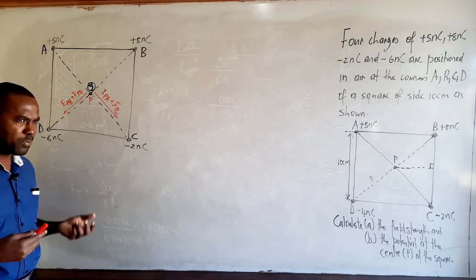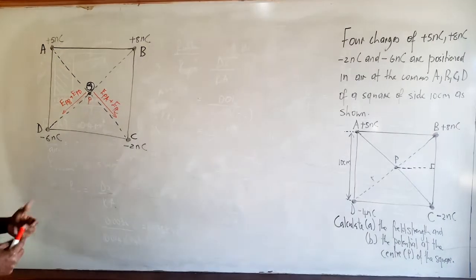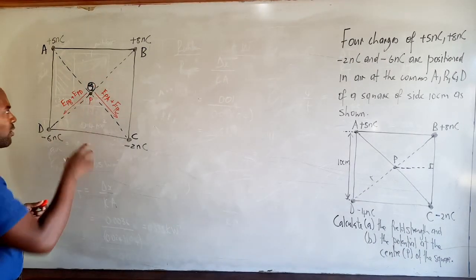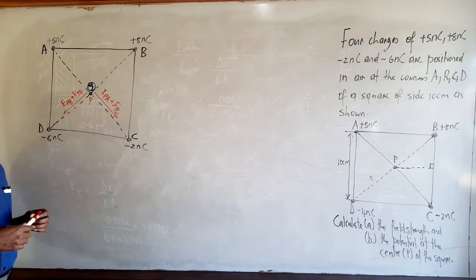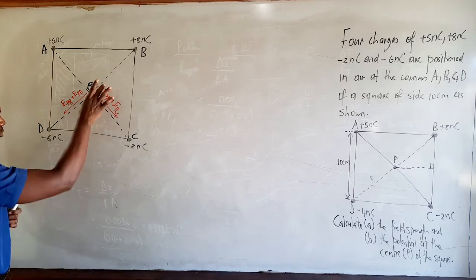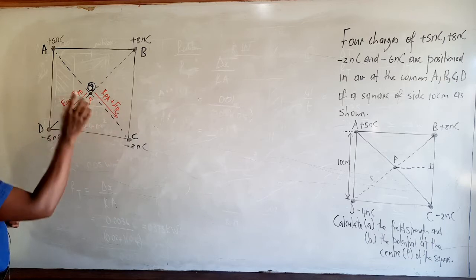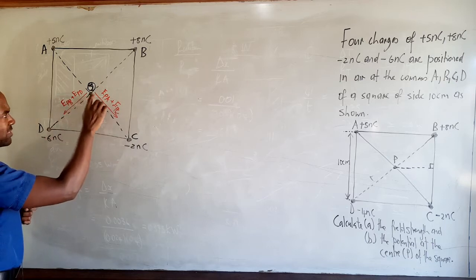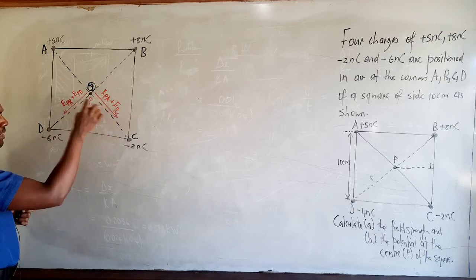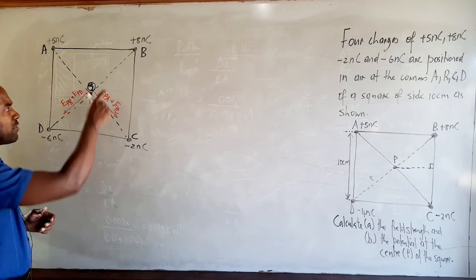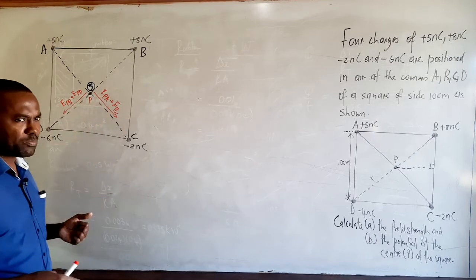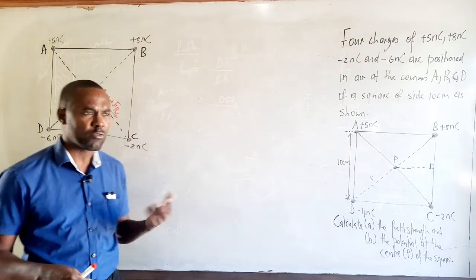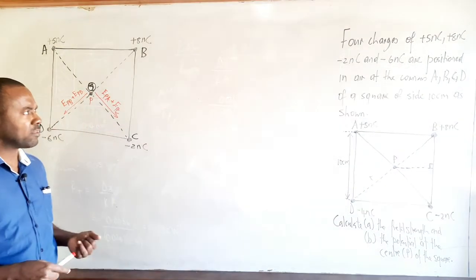Now one property of a square is that the diagonals intersect at right angles. So if these two field strengths are acting along the diagonals, they are perpendicular, and when we find the magnitudes of these field strengths we will use Pythagoras' theorem to find the overall resultant field strength.